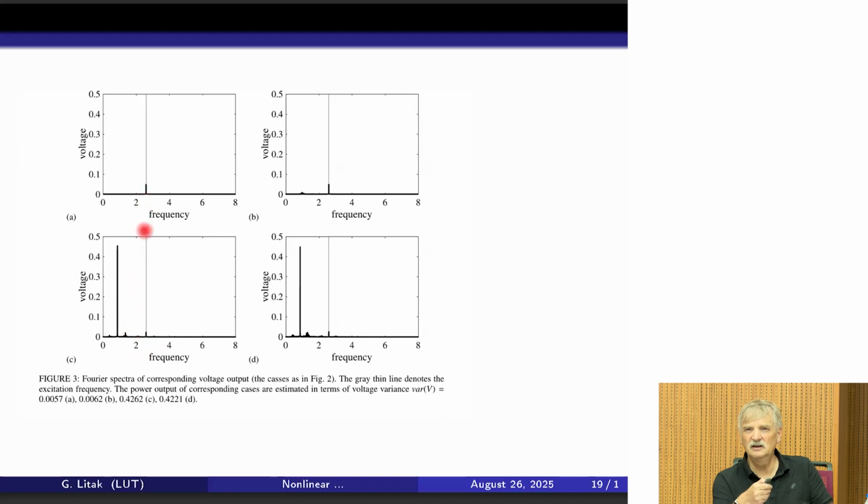In the Fourier transform, you have information on the output level at each frequency. So you can see that the response was small, but you can get a larger response for some higher level of noise.